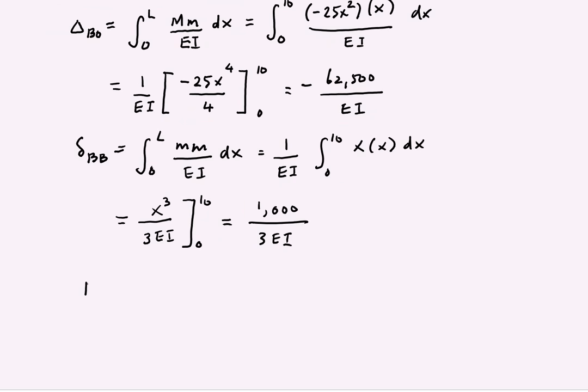And finally, we are going to solve our compatibility equation. If you still recall, we wrote down our equation for RB. RB was negative of delta B naught divided by delta BB.